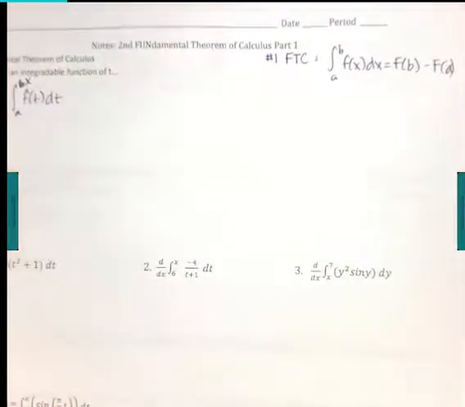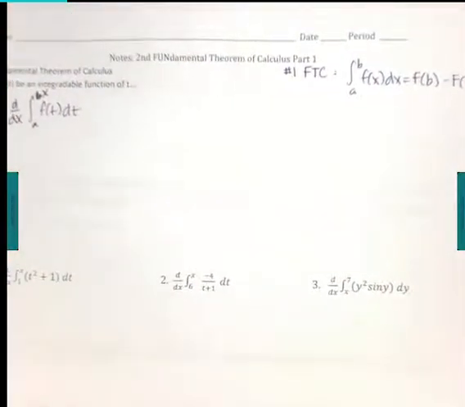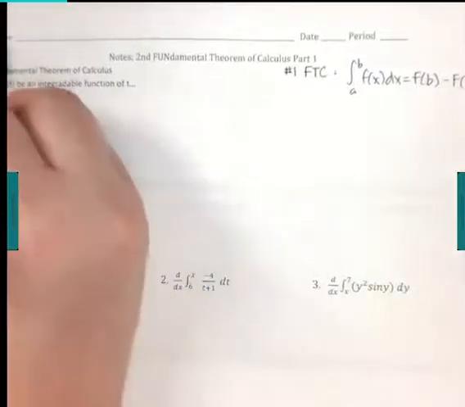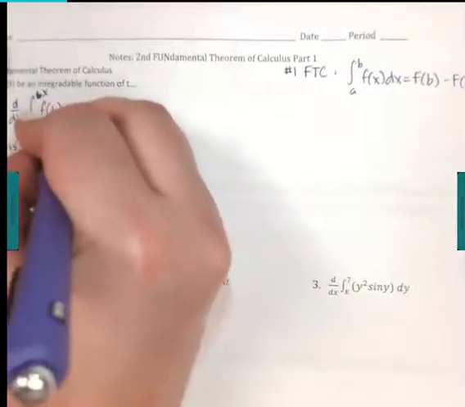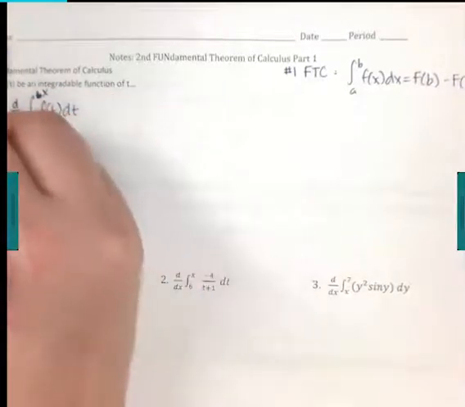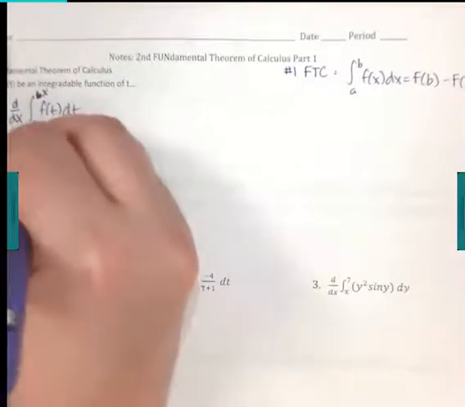So this is what the second fundamental theorem is. You're taking the derivative of an integral, and a is going to be a constant, but x is going to be a variable. So I'm going to put a little star here: a is a constant, and x is a variable.